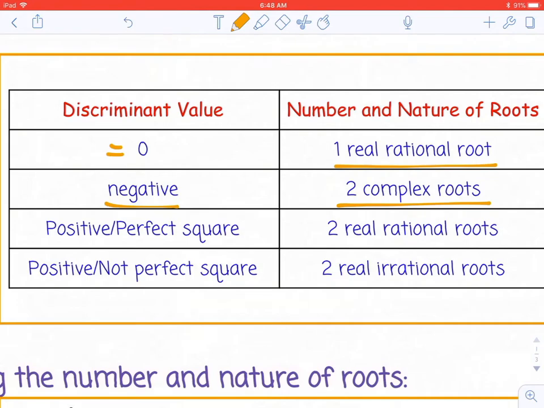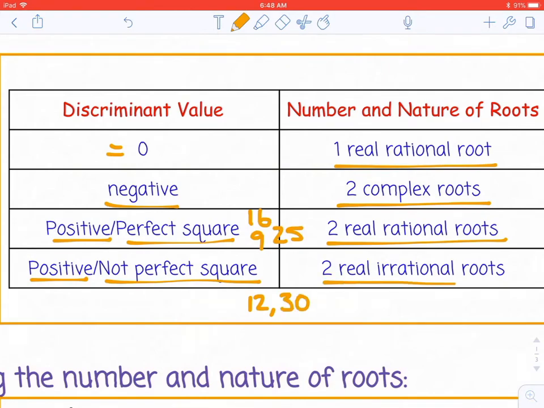The discriminant can be positive and a perfect square, like 16 or 9 or 25, one of those numbers. And then we know we would have two real rational roots. Or it could be positive but not a perfect square, like 12 or 30, for example. And we would have two real irrational roots when we solve.